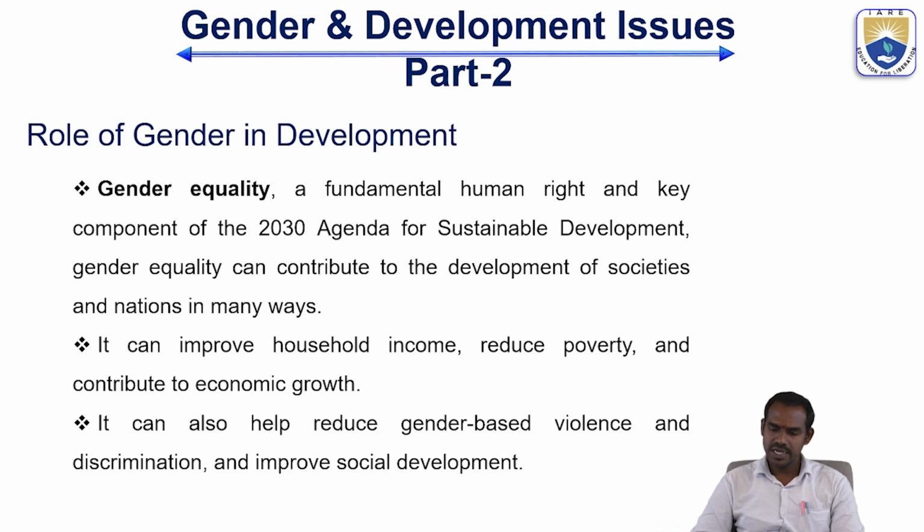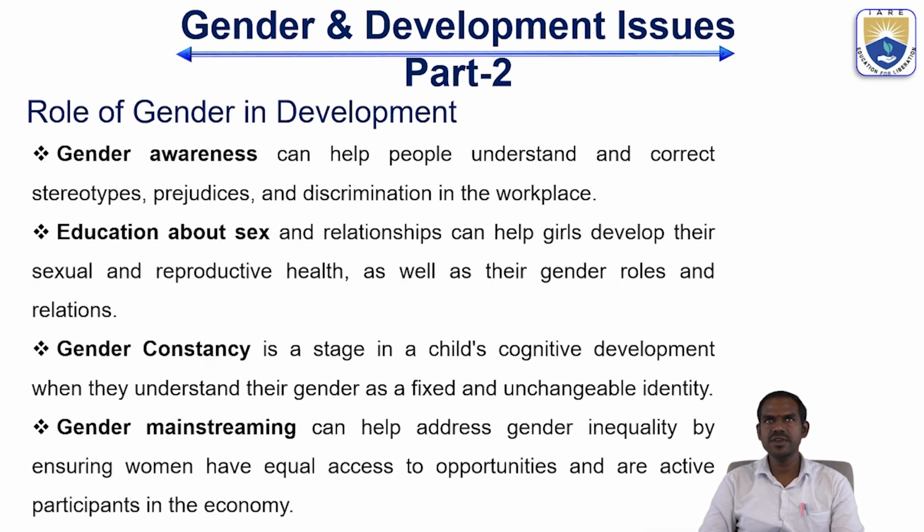Okay, and the next way is gender awareness. Awareness about gender can help people understand and correct stereotypes, prejudices, and discrimination in the workplace. Okay, so this is the way gender plays a role in development.